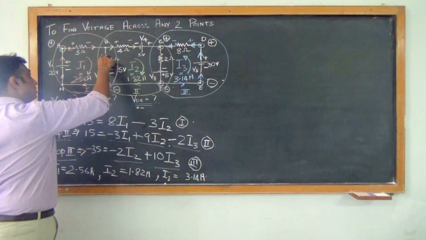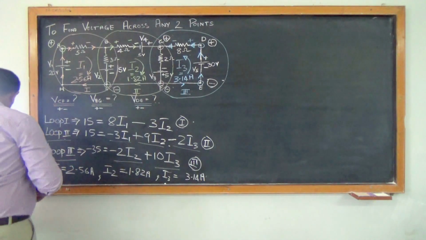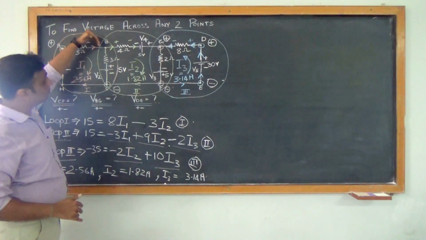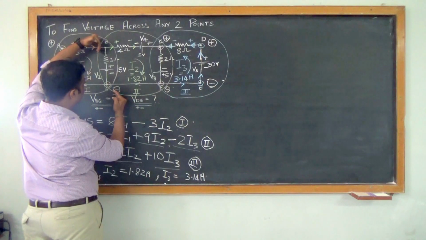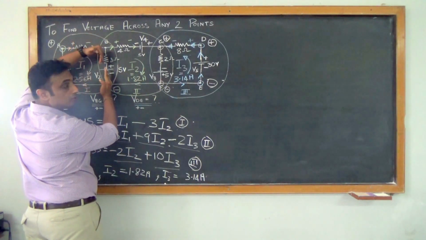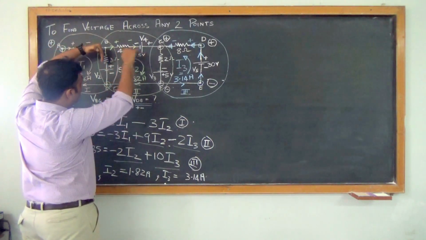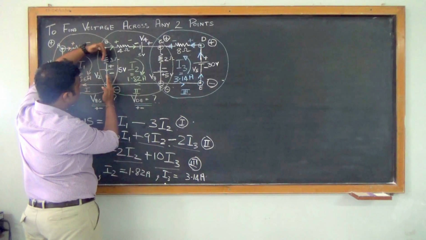Now, how will we come to know the directions in this resistor? It is pretty simple. If this is your I1 direction, it is flowing from top to down. And what about I2? I2 is flowing from down to top. So it will be a combination of I1 minus I2, because I1 is flowing from top to down and I2 is flowing from down to top.